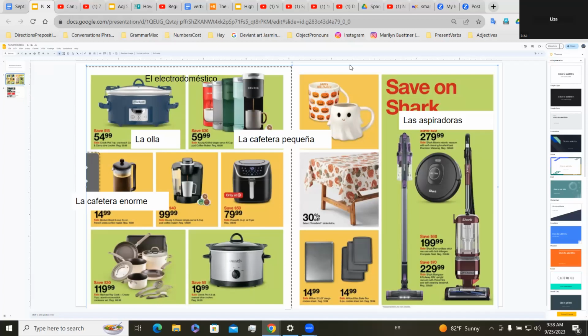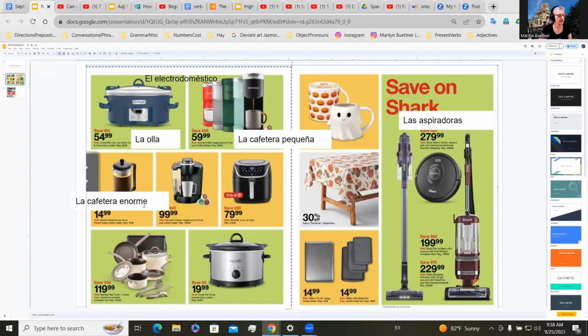Keurig Classic. Sí, ¿cuál es? I've got little labels on things. Yeah, okay. Sí, ¿cómo se dice o cuál es? Sí, el electrodoméstico que cuesta $99. La cafetera enorme. La cafetera enorme.